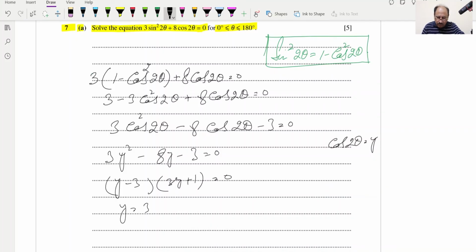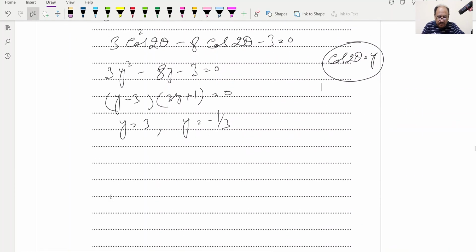So y is equal to 3 and y is equal to minus 1 by 3, and y is equal to cos of 2 theta. So we can write cos of 2 theta is equal to 3 and cos of 2 theta is equal to minus 1 by 3.